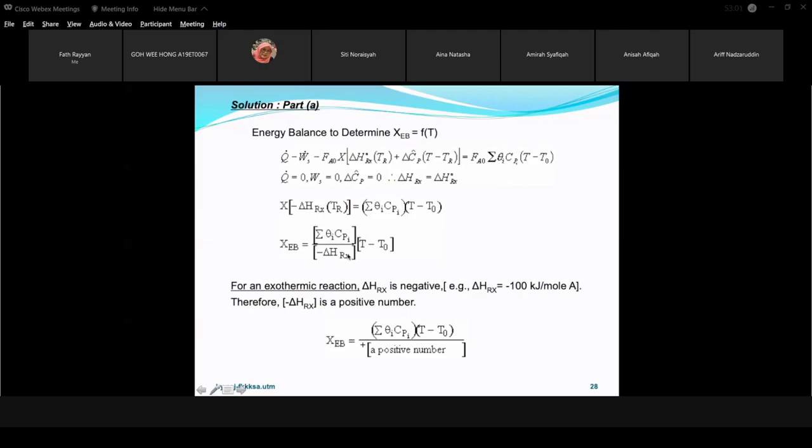And then this is XEB, the energy balance. From the exothermic reaction, delta H is negative. Okay, delta H is negative. Therefore, the term is a positive number. This one, because it has a bracket here.